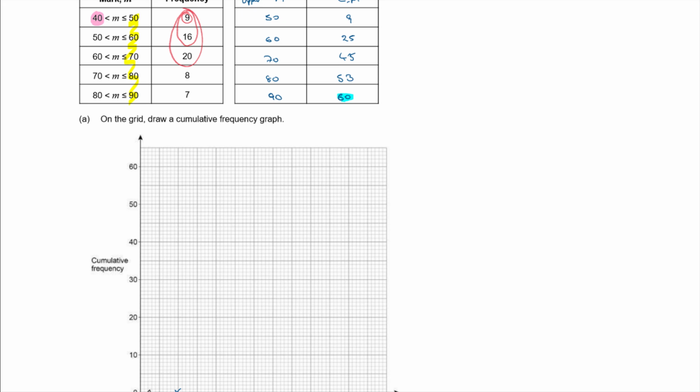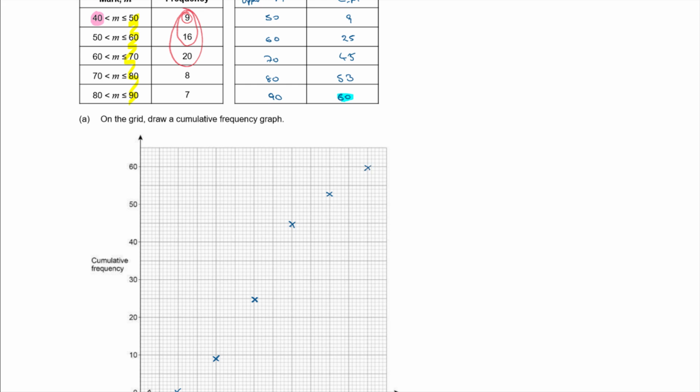And then after that I can plot 50 at 9, which is there, look, and then 60 at 25, and then 70 at 45, 80 goes with 53, and 90 goes with 60.